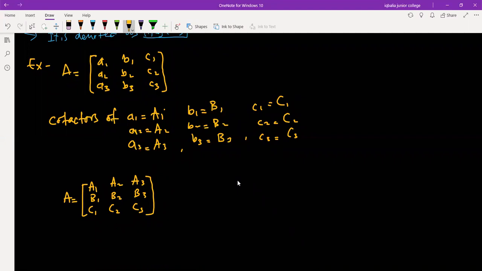Now adjoint A will be, if we transpose this cofactor matrix, then we will get adjoint of A. So just transpose this matrix: A1, B1, C1, A2, B2, C2, A3, B3, C3. So here we found adjoint of A.